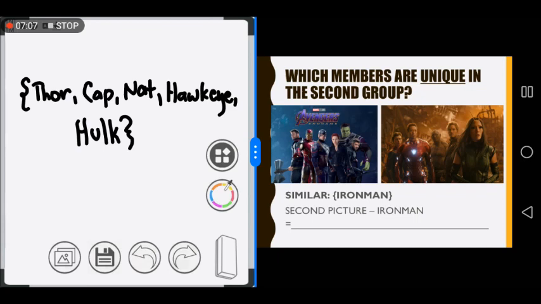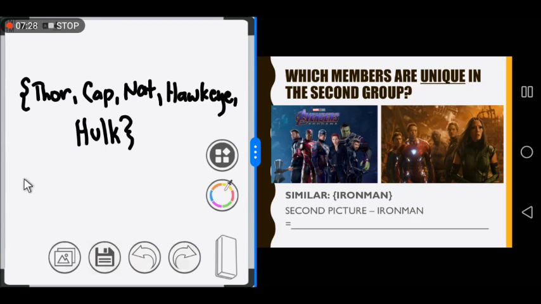Then, on the next question, we have which members are unique in the second group? No, second group naman, itong nasa Titan. Okay? So, which members are unique? Unique, ibig sabihin yung walang kagaya sa second group. No? So, para makuha natin yun, yung second picture ng mga tao, ibabawas lang natin si Iron Man.